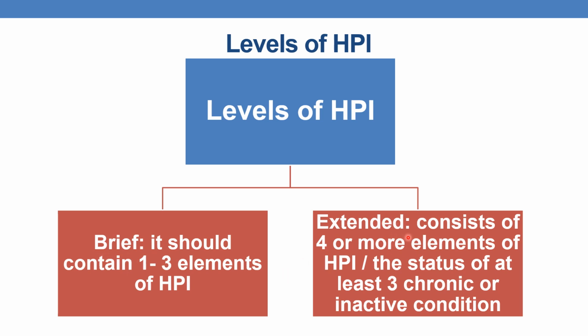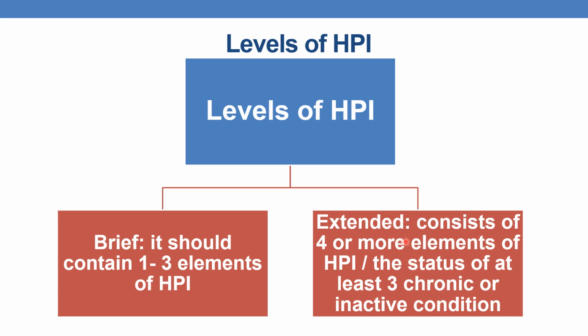Next is extended HPI. If a medical record consists of 4 or more elements of HPI, or if the patient has a status of at least 3 chronic or inactive conditions, even in that case HPI can be extended. If the patient has chronic comorbidities such as diabetes, hypertension, and thyroid, these are three chronic inactive conditions.